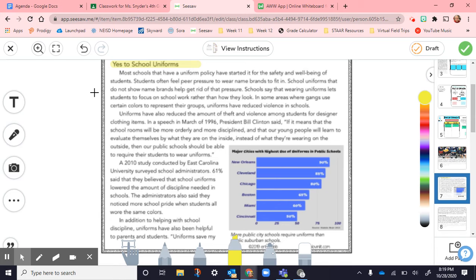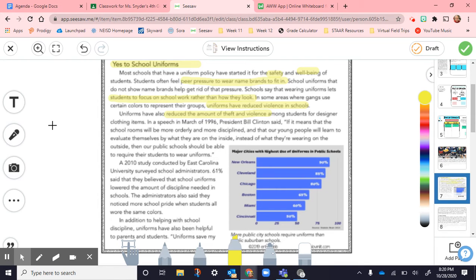So it says most schools that have a uniform policy have started it for safety and well-being of students. Students often feel peer pressure to wear name brands to fit in. School uniforms that do not show name brands help get rid of that pressure. Schools say that wearing uniforms lets students to focus on their schoolwork rather than how they look. In some areas where gangs use certain colors to represent their groups, uniforms have reduced violence in schools. Uniforms have also reduced the amount of theft and violence among students for designer clothing items.